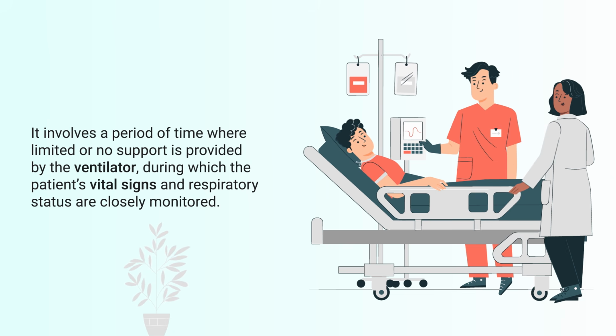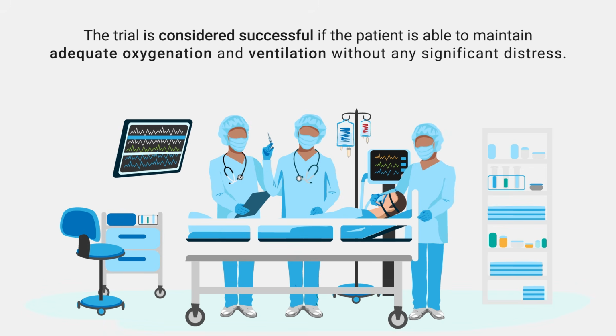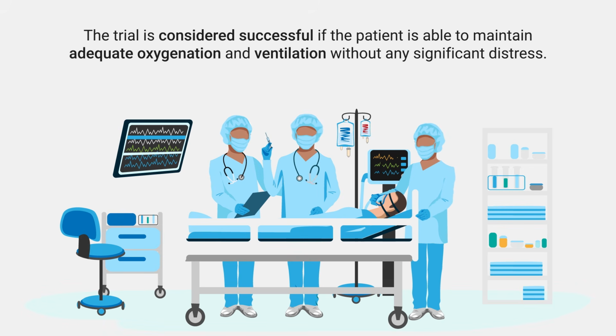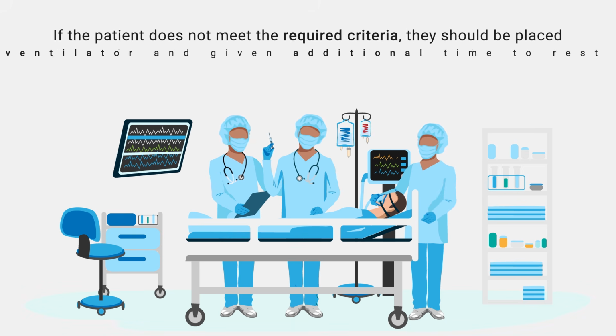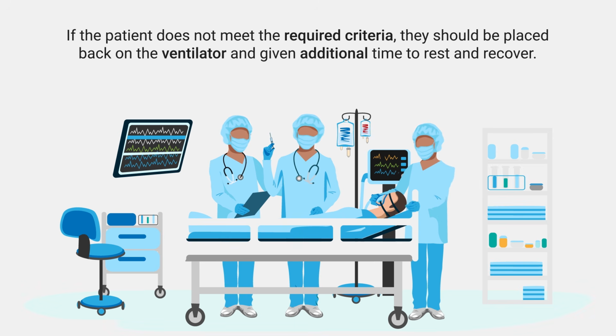It involves a period of time where limited or no support is provided by the ventilator, during which the patient's vital signs and respiratory status are closely monitored. The trial is considered successful if the patient is able to maintain adequate oxygenation and ventilation without any significant distress. If the patient does not meet the required criteria, they should be placed back on the ventilator and given additional time to rest and recover.